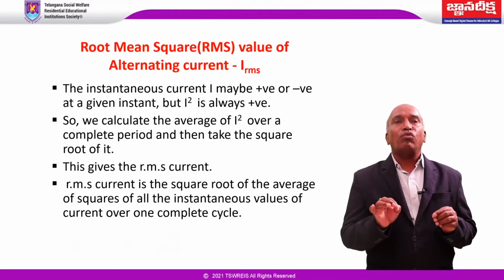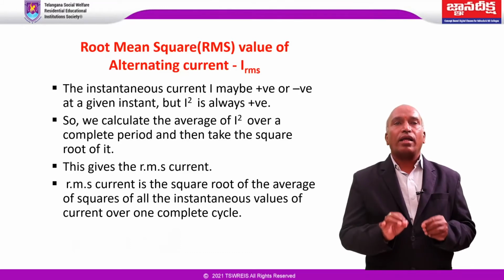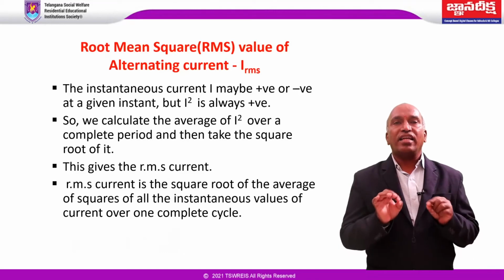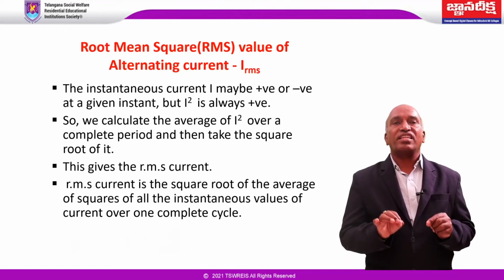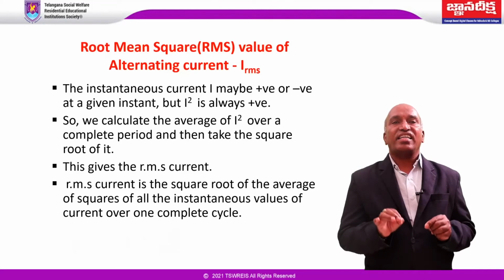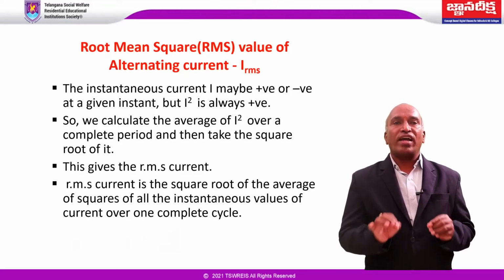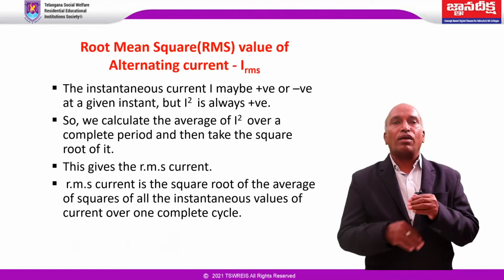So we calculate the average of I squared over a complete period and then take the square root of it. This gives the RMS current. RMS current is the square root of the average of squares of all the instantaneous values of current over one complete cycle.